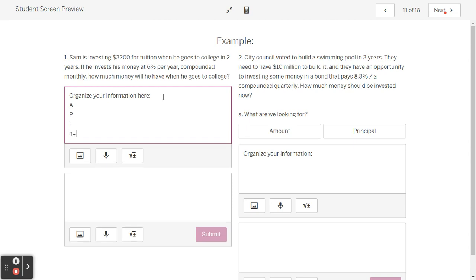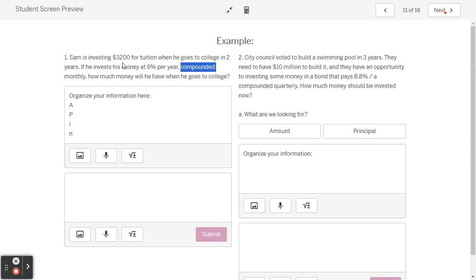A, P, i, n. Now, I chose to use the equation for compound interest because in the question it says that the money was compounded. Every time you see the word compounded as part of the question, you know that we have to use our compound interest equation. Right, so back to the question.